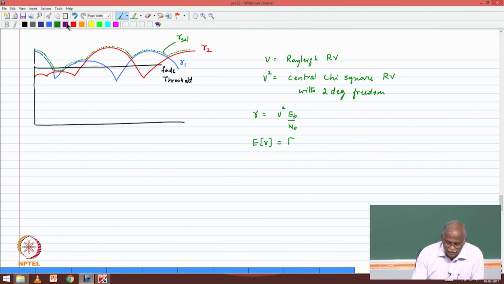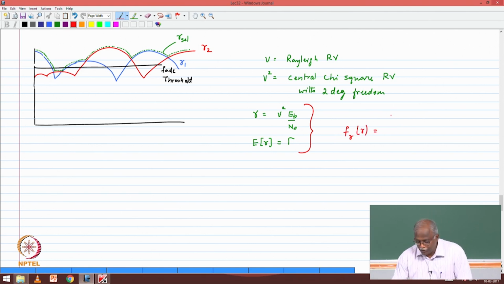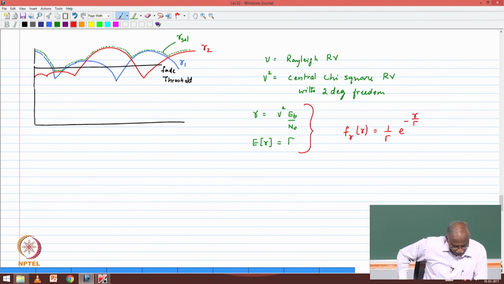All of this is tied to a PDF which says that the probability distribution of SNR is given by 1 over uppercase gamma e power minus gamma by gamma. Again, this is a form that we have already developed. Okay, so that's our reference point. You can probably look it up in your notes or rewrite it just for reference.